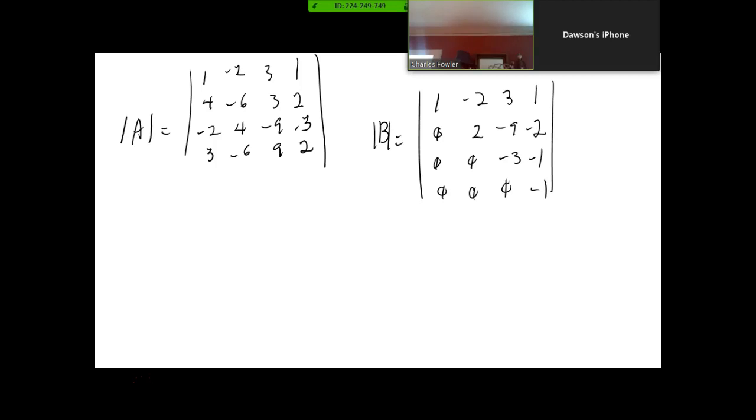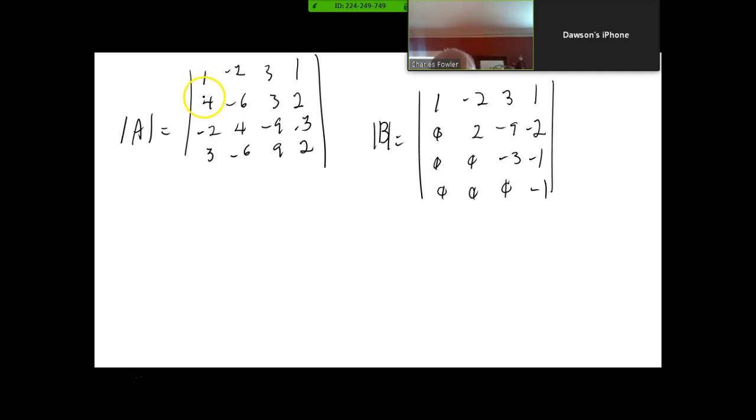Here's the reason they're asking such a dumb question. If you did a row reduction of A, you get B, okay? They haven't verified that, but you notice the first row is the same.